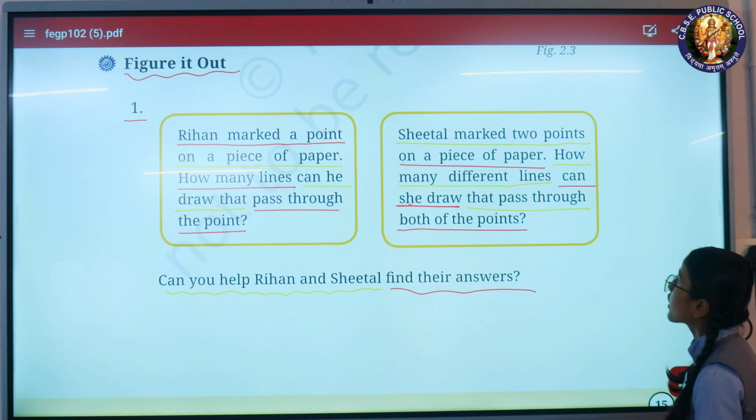Sheetal marked 2 points on a piece of paper. How many different lines can she draw that pass through both of the points? Can you help Rihan and Sheetal find their answers?